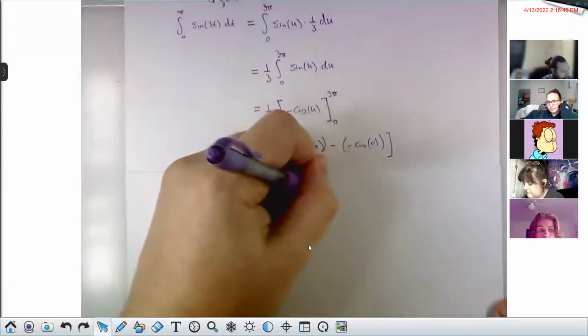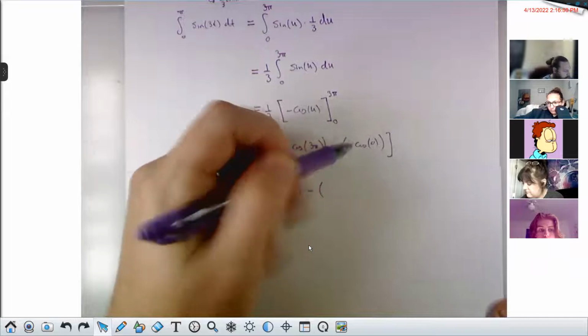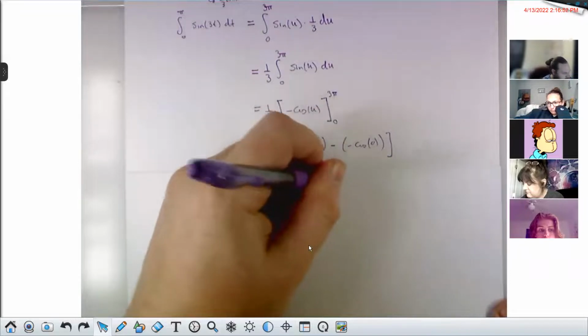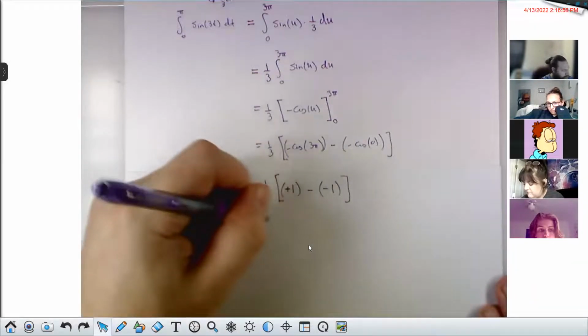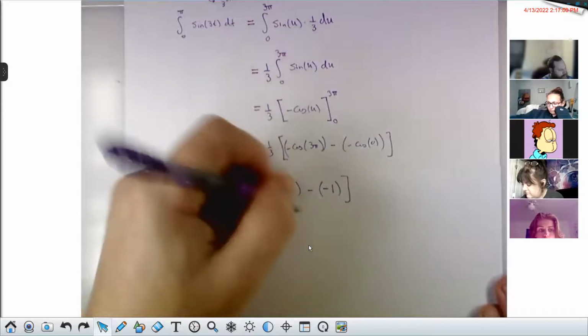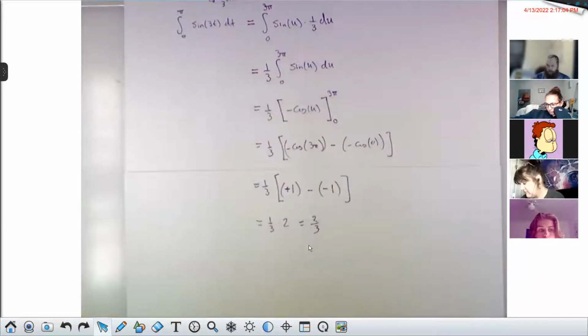Minus the cosine of 0 is +1, so this is minus -1. So we end up with 1/3 times 2, which is 2/3. Just one more.